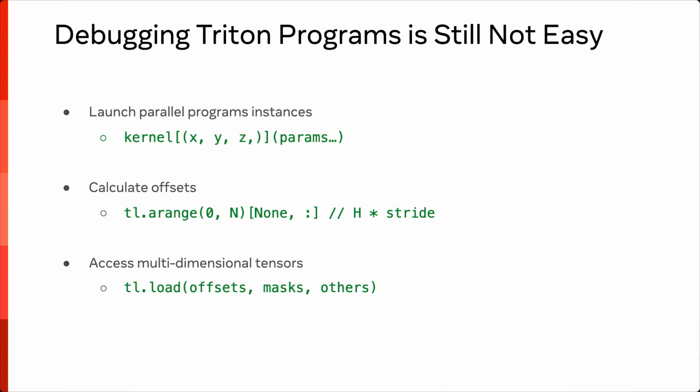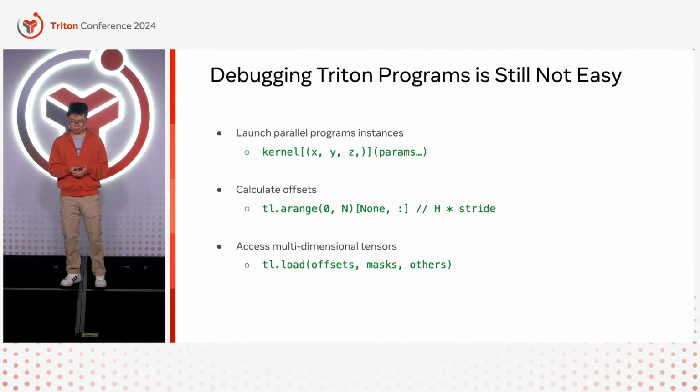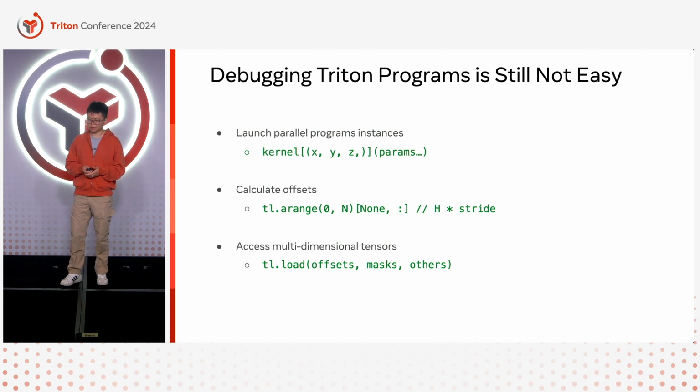For example, in this case, we have specified parallel instances in 3 dimensions, X, Y, Z. And to access GPU memory in each Triton program, we still need to calculate offsets using pointer arithmetic. And when trying to access multi-dimensional arrays, to avoid out-of-boundary memory access, we need to supply additional fields like mask and others.